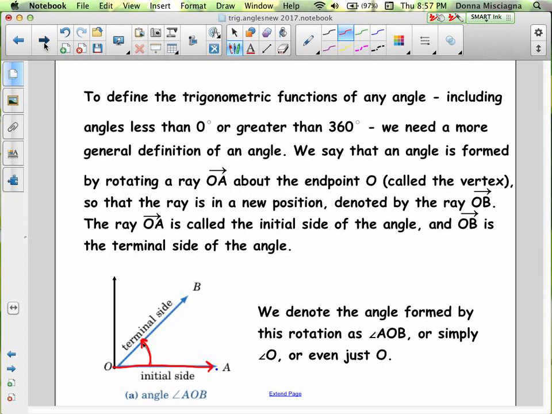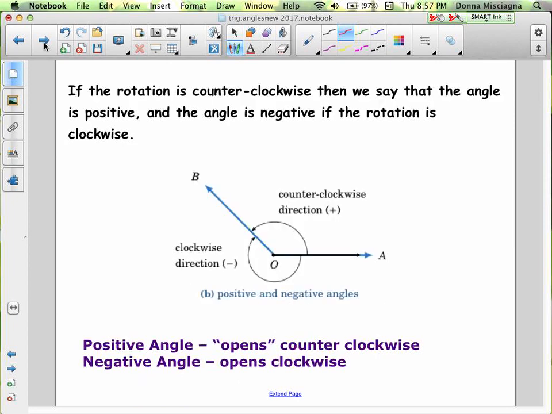And this is in your notes too. If the rotation is counterclockwise, we say that the angle is positive, and the angle is negative if the rotation is clockwise. You have this in your notes, matter of fact, twice.